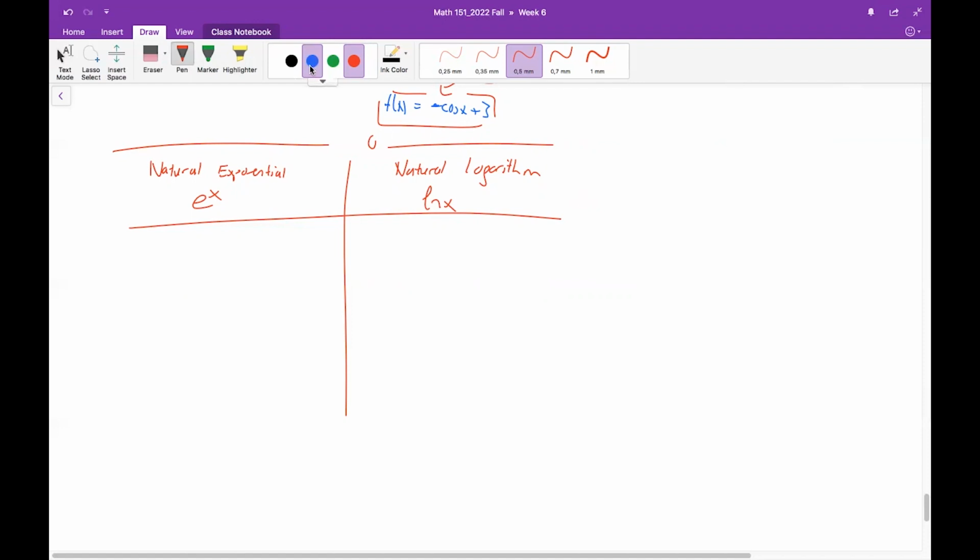Before completing this table, I want to put a recall or remark here. There is also the general logarithm function and the general exponential function. What are they?